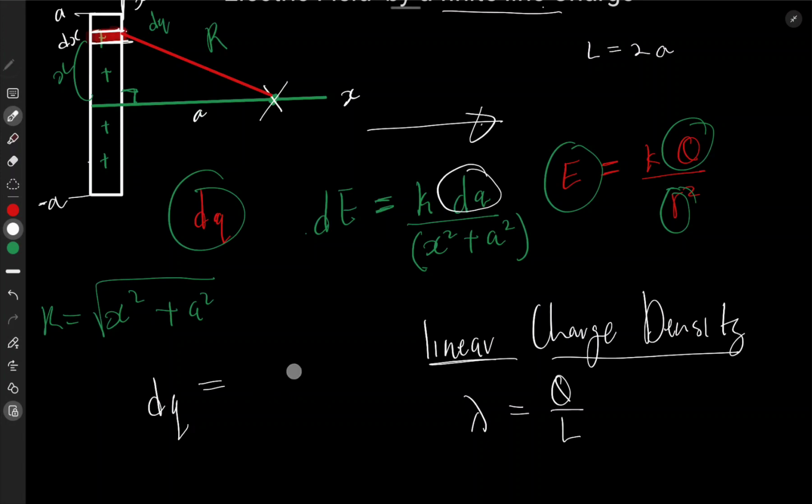So it's going to be dx, the length, multiplied by the ratio, the linear charge density, lambda. So instead of dq, we are going to use this.